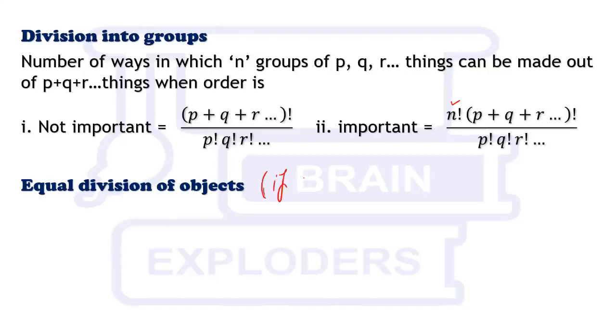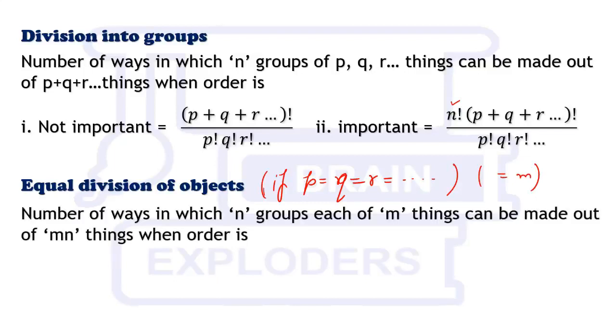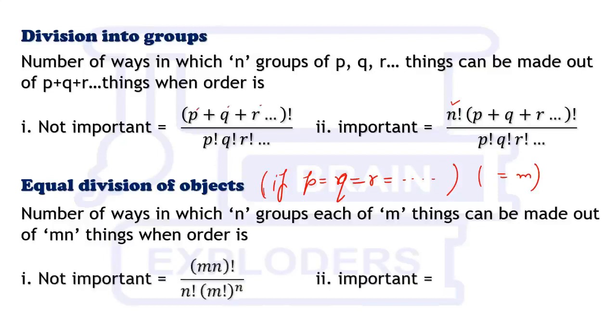But if p is equal to q, which is equal to r, and in this way all the n groups contain equal elements, say all equal to m, then things get different. If we put m in place of p, q, r, we will not obtain the required result.